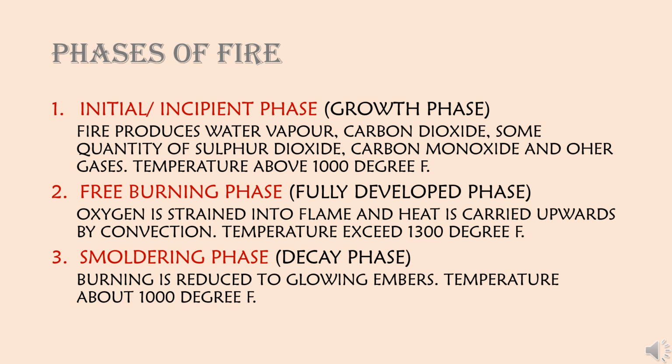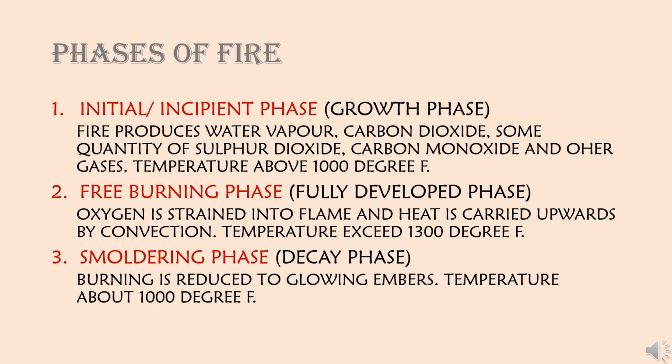Here, the fire produces water vapor, carbon dioxide, and a small quantity of sulfur dioxide, carbon monoxide, and other gases. The fire at this stage produces a temperature of above 1000 degrees Fahrenheit, which is equal to 537 degrees centigrade. In this phase, the temperature of the room is slightly increased.